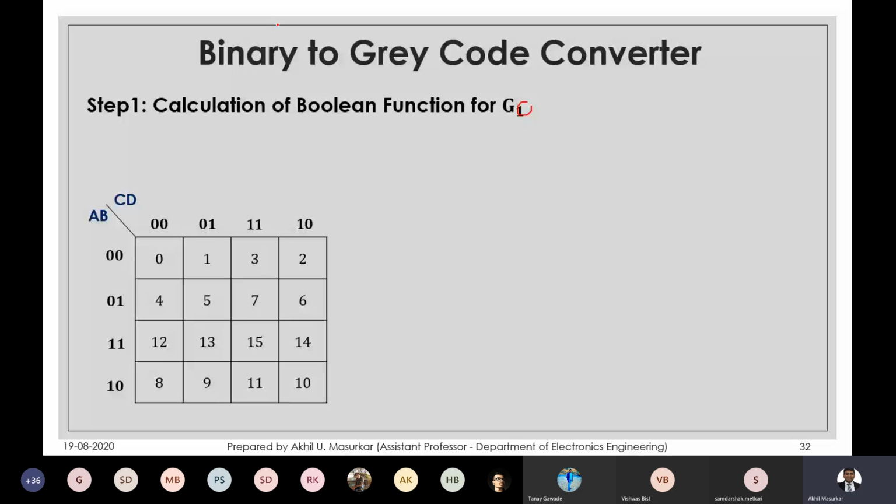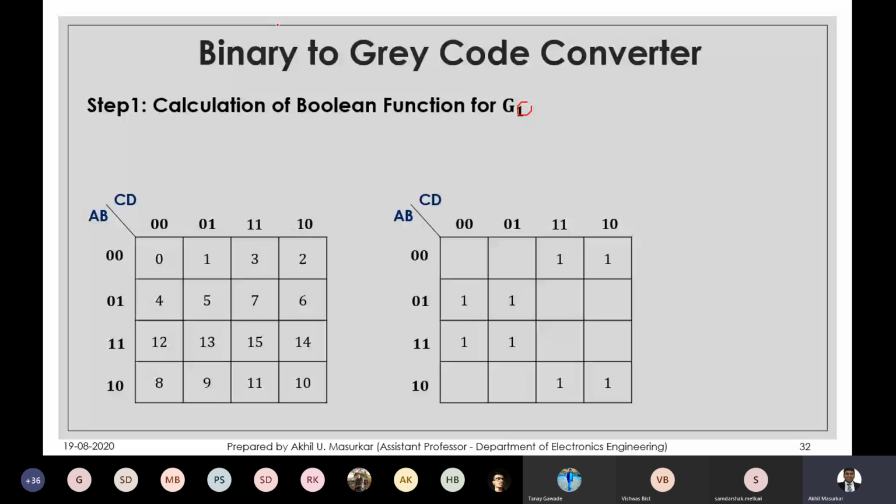So these are the positions of ones. You can see two groups, and the first one will be B C bar, and the second one will be B bar C. So that is the right answer. Atharva has given the right answer.